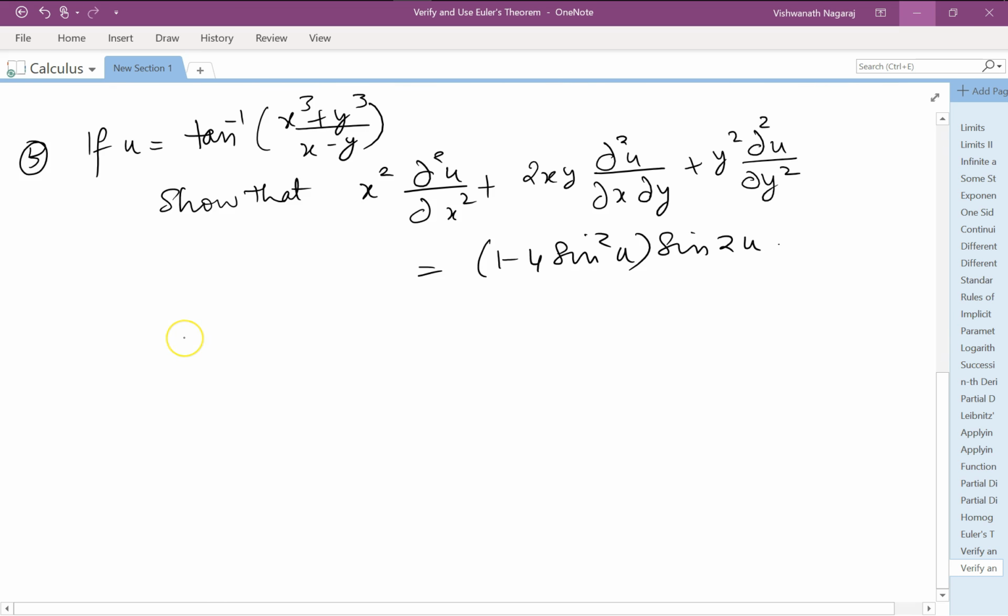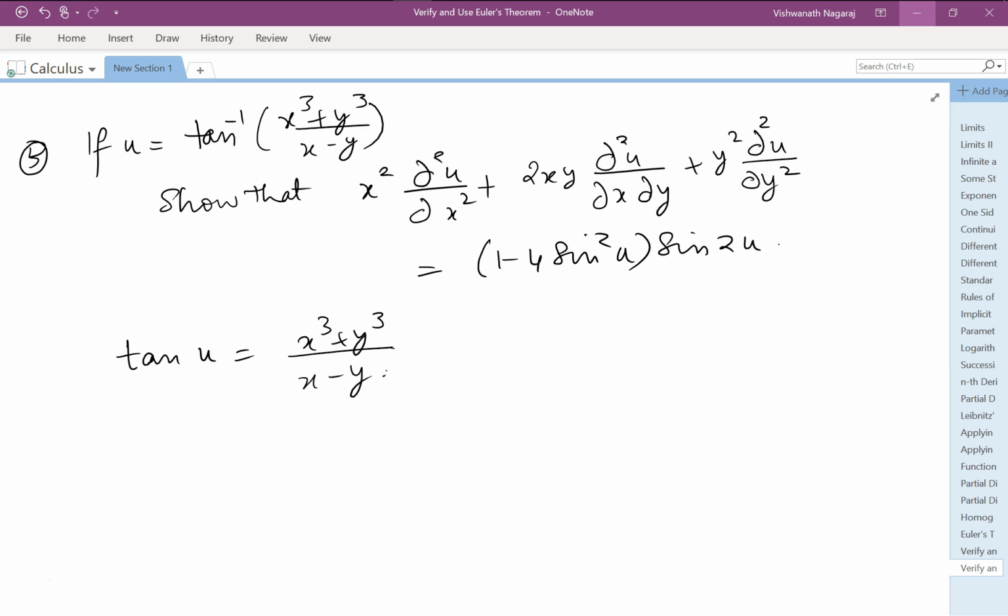Okay, let's not stick to inverse trigonometric ratios. Let's bring it to the other side. So tan u is equal to (x cube plus y cube) by (x minus y). So immediately we know, by this time you should be able to look at it, and in your mind itself figure out that x cube we take out, x we take out.